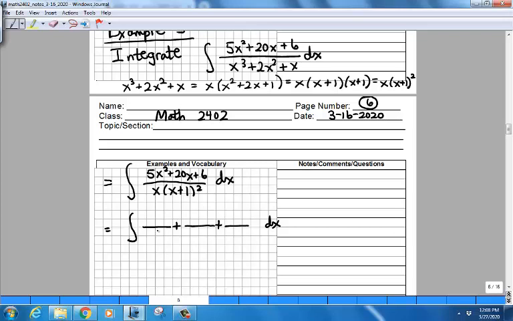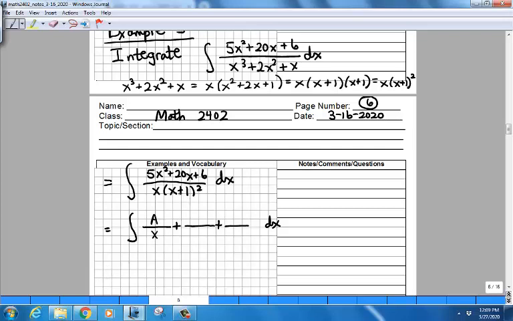What that means is that when you try to write this big fraction as the sum of smaller fractions, you're going to have to use 3 fractions. One of them will have denominator x, because one of the factors that we got when we factored our denominator was x. Let's say that its numerator is capital A, because we don't know what the numerator will be yet for that partial fraction.